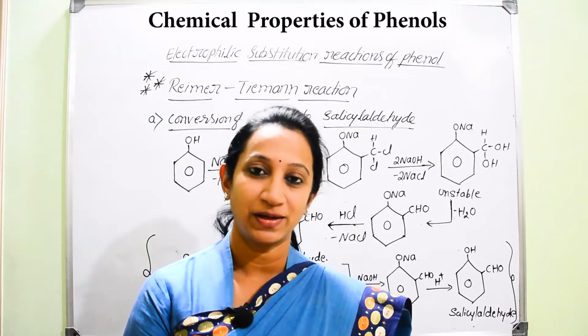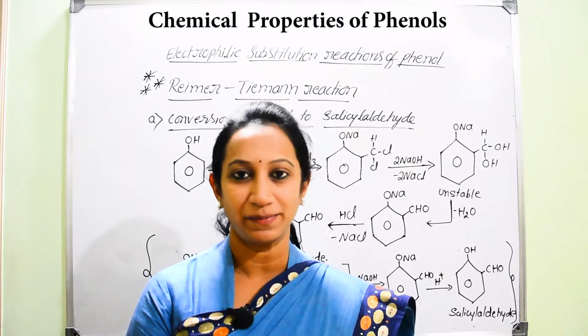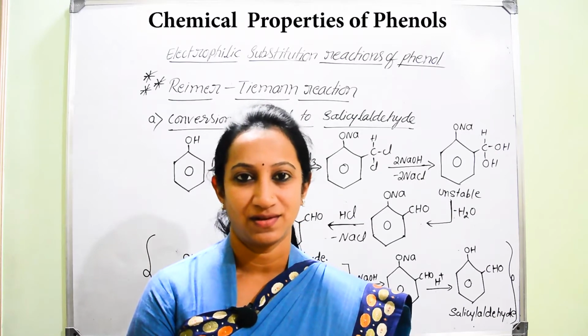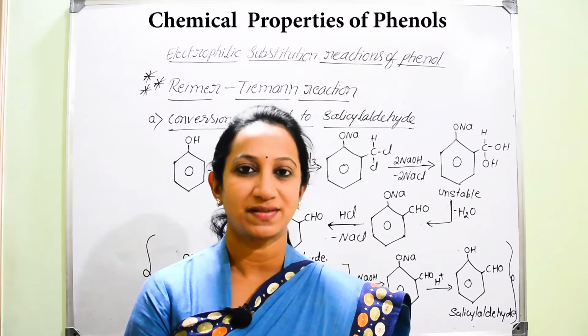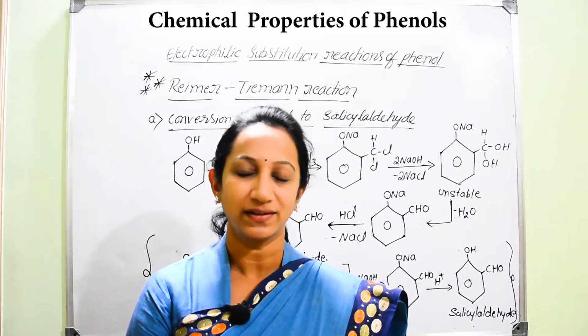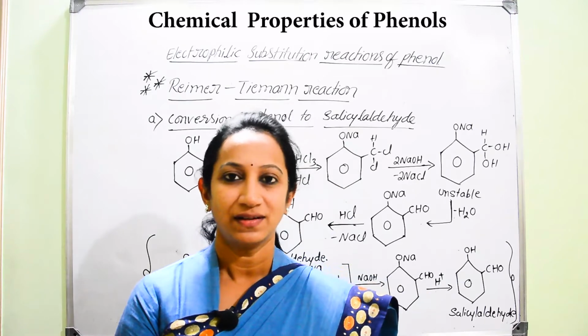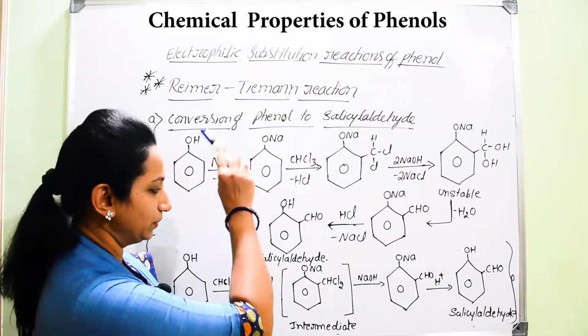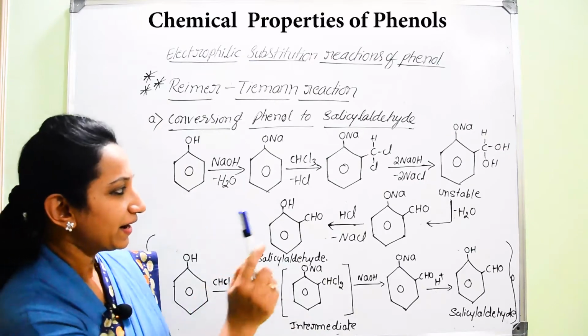Now we are going to learn about one of the most important named reactions in this chapter, that is Reimer-Tiemann's reaction. Once you remember Reimer-Tiemann's reaction, you should remember what conversion it is about. In this reaction, we are going to convert phenol into salicylaldehyde.